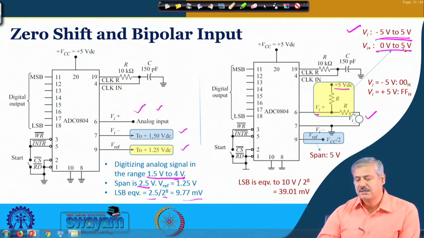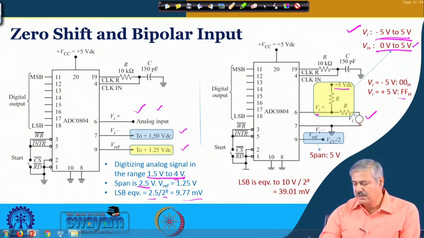Right. This whole span is 5 volt that we get. Minus 5 volt will be your 00 H and plus 5 volt will be your FF in hex, H meaning hex.